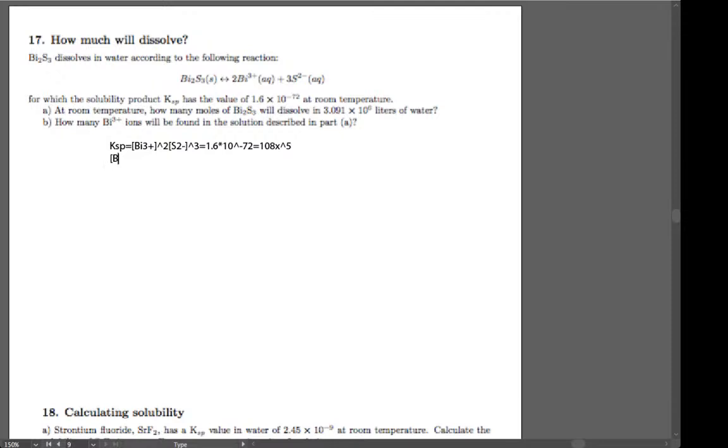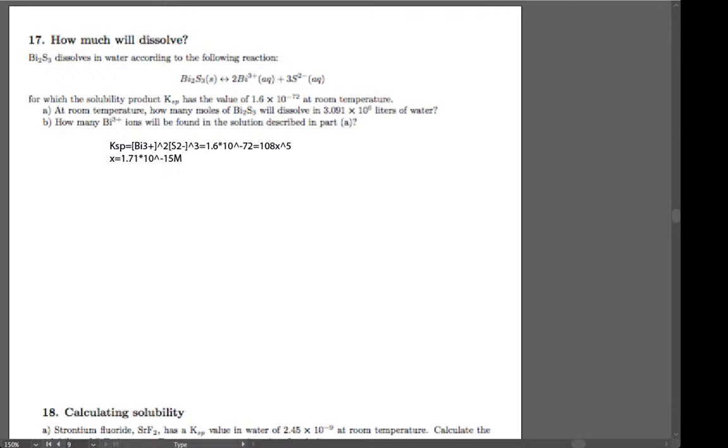So x would equal 1.71 times 10 to the power of negative 15 molars, and then you just need to multiply it by the volume, which in this case is 3.091 times 10 to the power of 6.